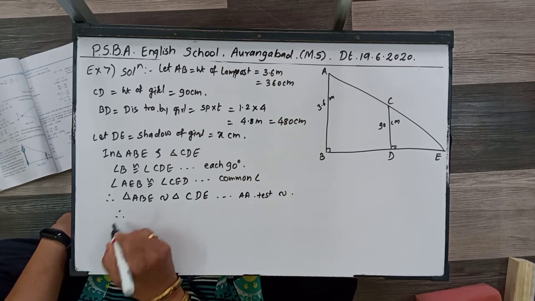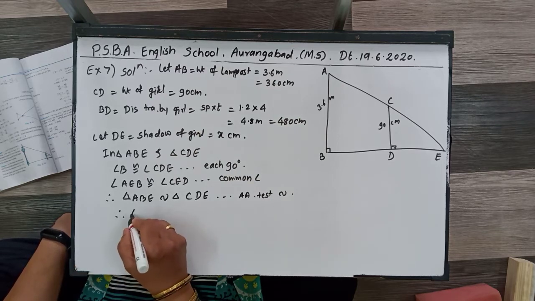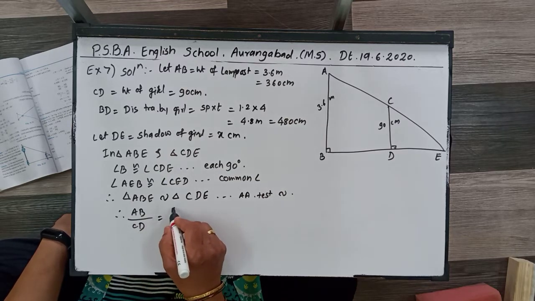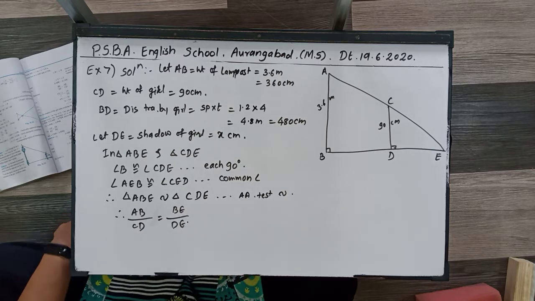Therefore we have AB upon CD is equal to BE upon DE. Corresponding sides will be in proportion.